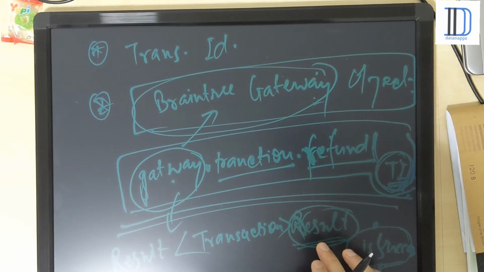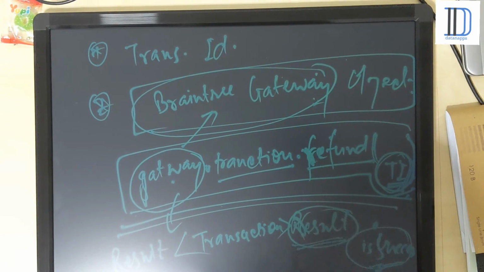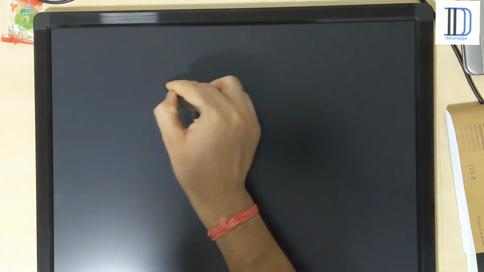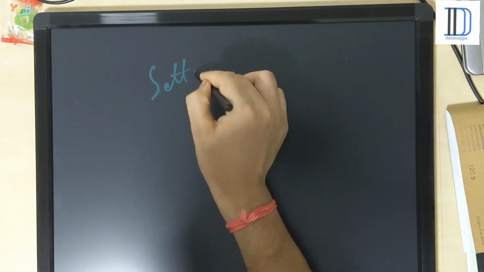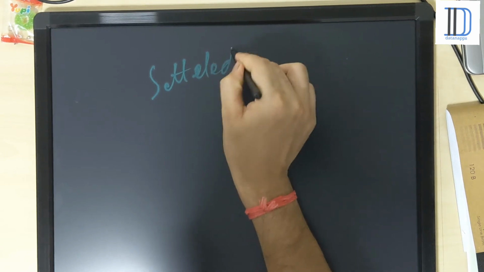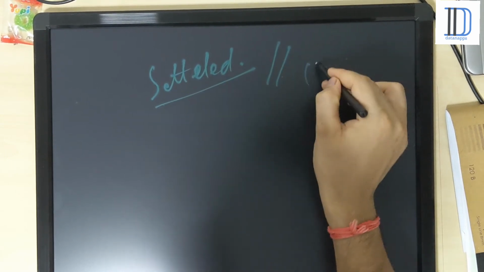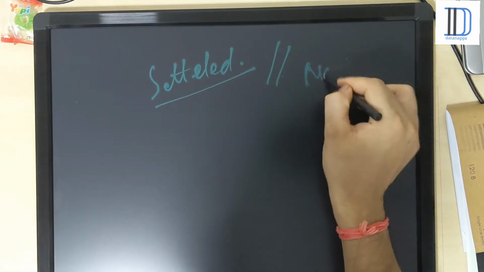So let's discuss what the settled amount and non-settled amount are. It's like settled and not settled.